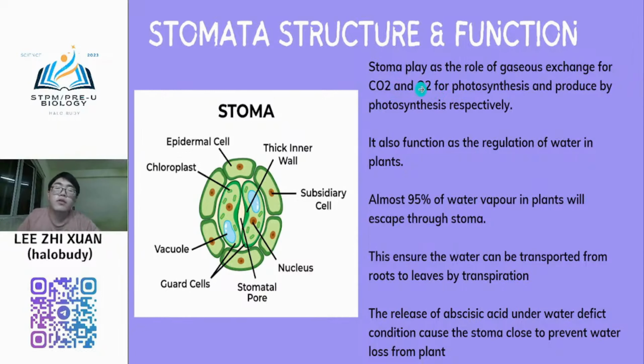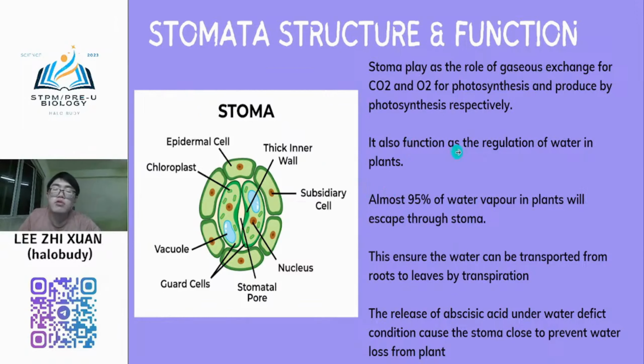In photosynthesis, it absorbs carbon dioxide, but in cellular respiration, it releases carbon dioxide. You need to know this. It is the place where gases come out or come in.